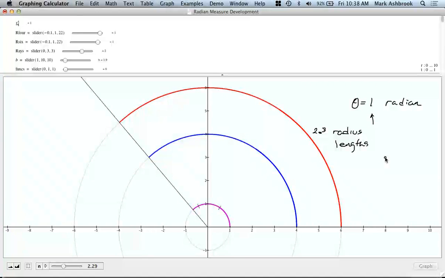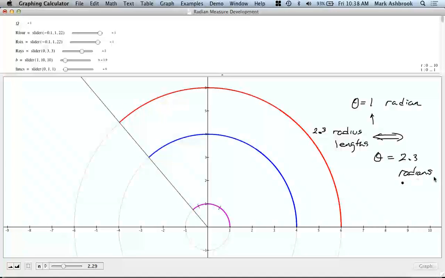And again, no matter what circle we look at, it's 2.3 radius lengths of the circle of radius 1. It's 2.3 radius lengths of the circle of radius 4. It's 2.3 radius lengths of the circle of radius 6. And so that number of radius lengths is then equivalent to the angle measure in radians. That's where radians come from.